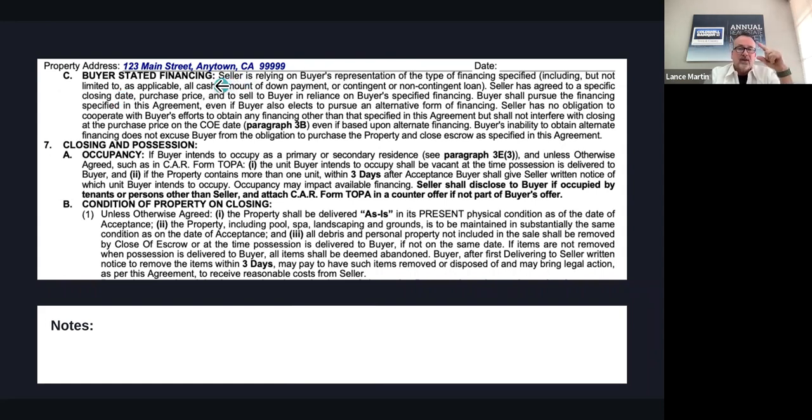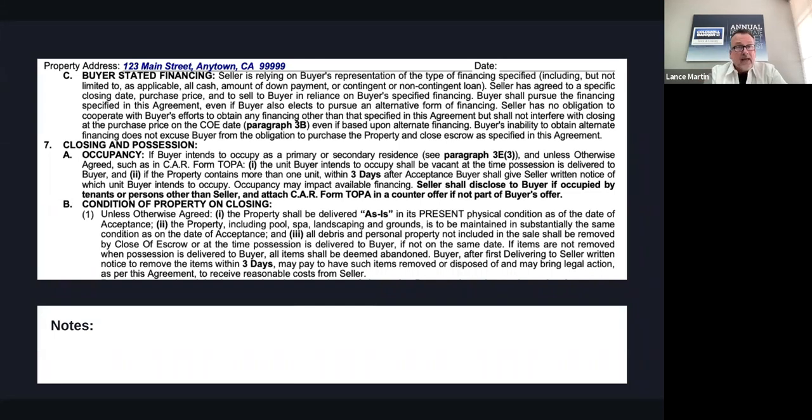The seller is relying, okay? The seller relied on the fact that you said you were going to do a 30% down payment conventional financing, okay? That's what you said. And because you said you were going to do 30% down or whatever the specific thing was, or it was non-contingent or whatever that thing was, the seller said, I'm accepting your offer for that reason.